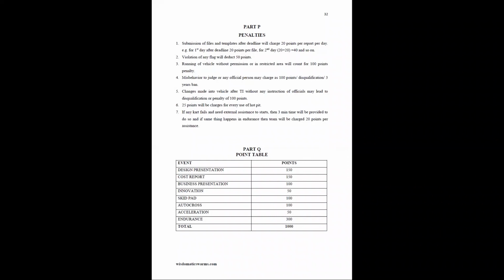For violation of any flag, it will be charged with 50 points. Running vehicle without permission will be charged with 100 points. Misbehavior to any judge or any official person will directly cut you 100 points, or it may lead to disqualification also.